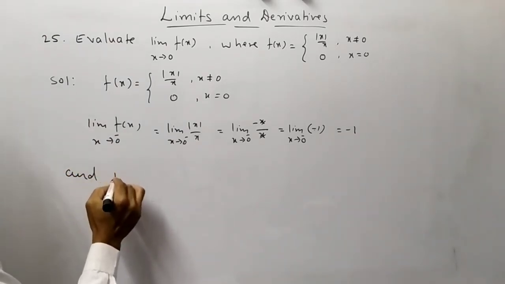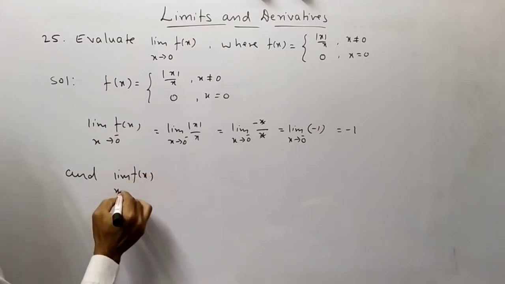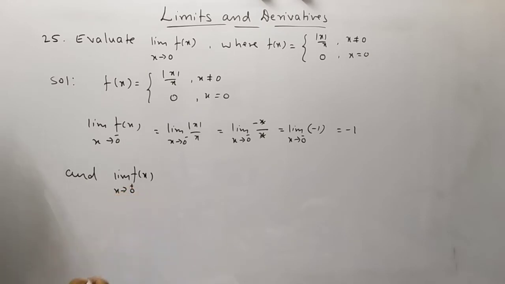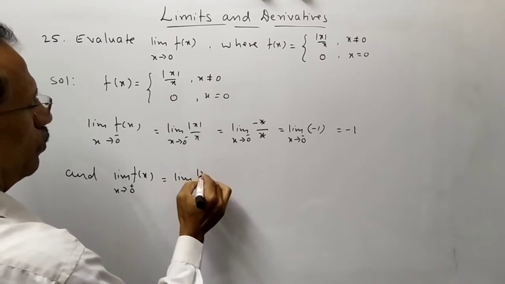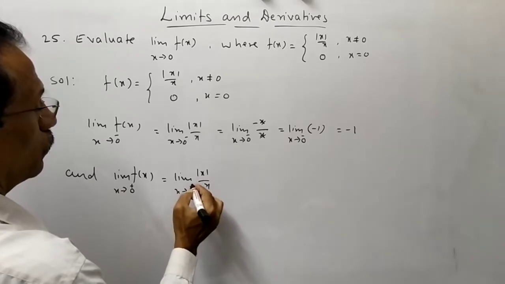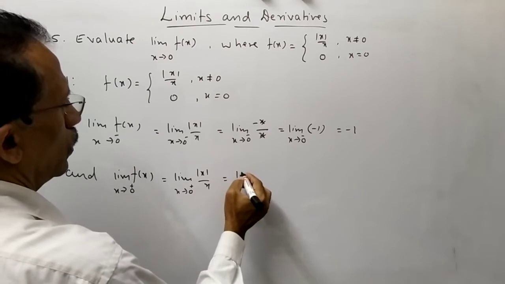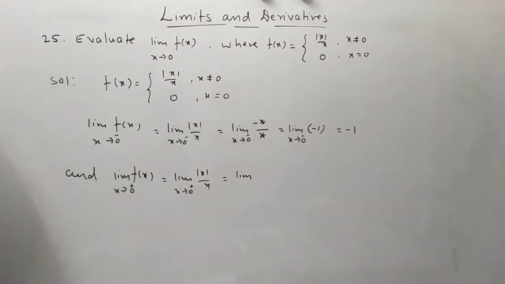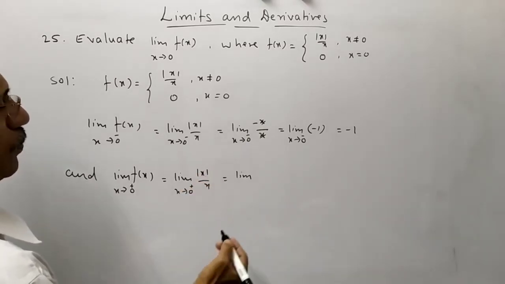And right hand limit of f of x when x tends to 0 from right side is equal to limit of modulus of x divided by x when x tends to 0 from right side. According to the modulus function, modulus of x is equal to x when x is greater than 0.